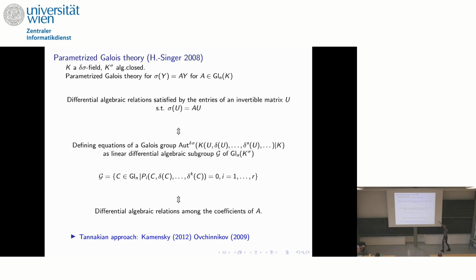You can make the difference system into difference modules and then have a Tannakian category. And this action of deriving the system will give you an endofunctor of this category, which is called a prolongation. And with this prolongation, you can define what is a differential Tannakian category with such an endofunctor.